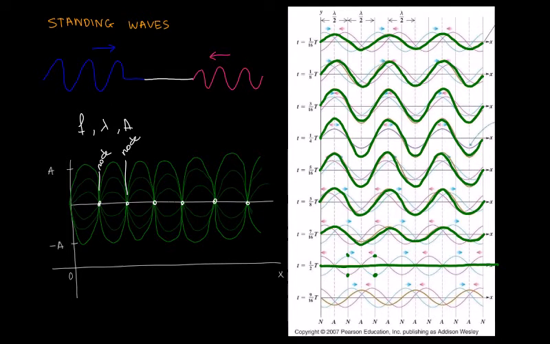Halfway between the nodes, there are points where the particles in the medium oscillate with the maximum amplitude. Those are these points right here, between the nodes. Those are called antinodes.